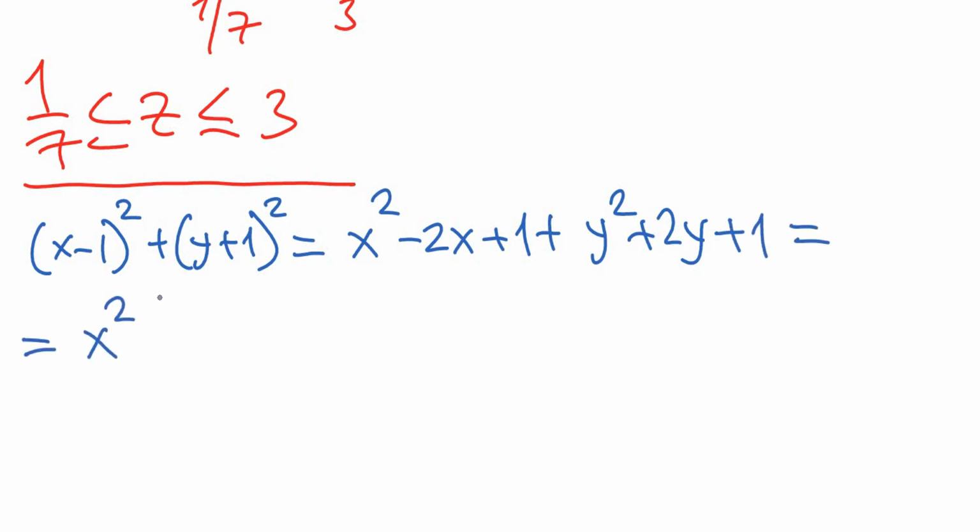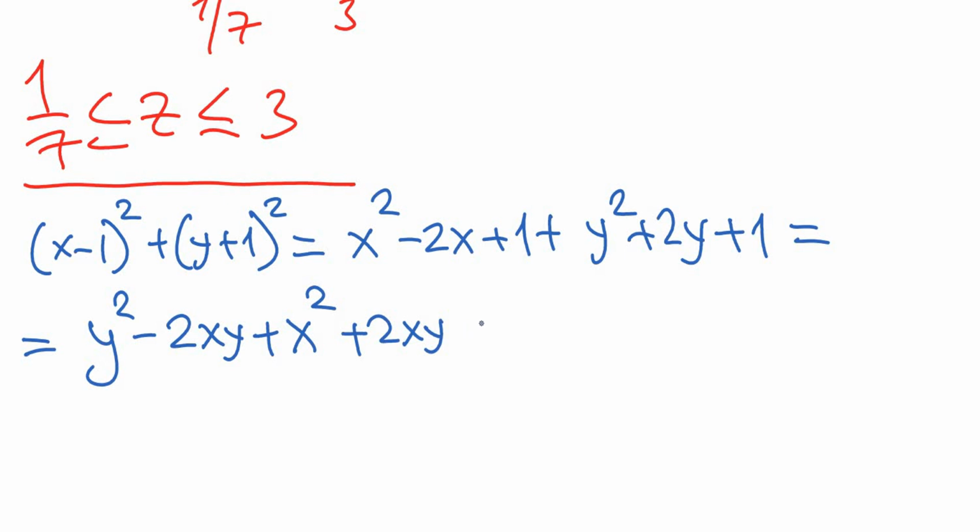Let me write like this: y squared minus 2xy plus x squared, and I have to write here plus 2xy, and also plus 2. If I factor out 2 from these two expressions, then y minus x and plus 2.